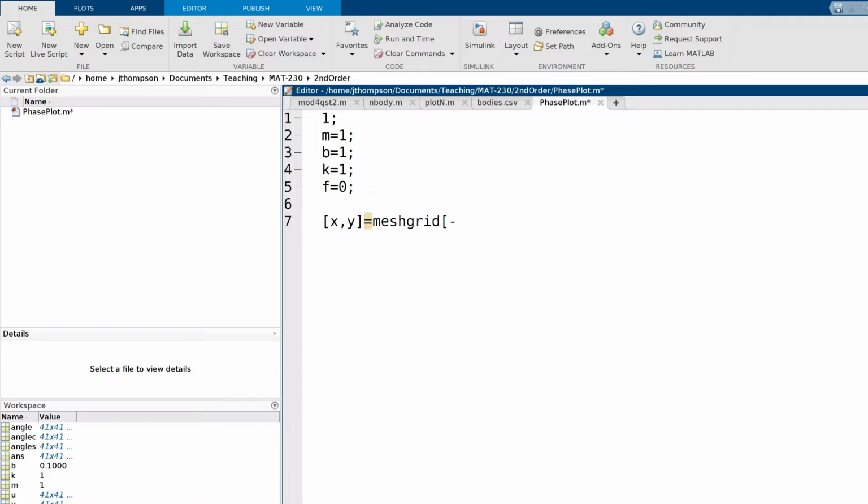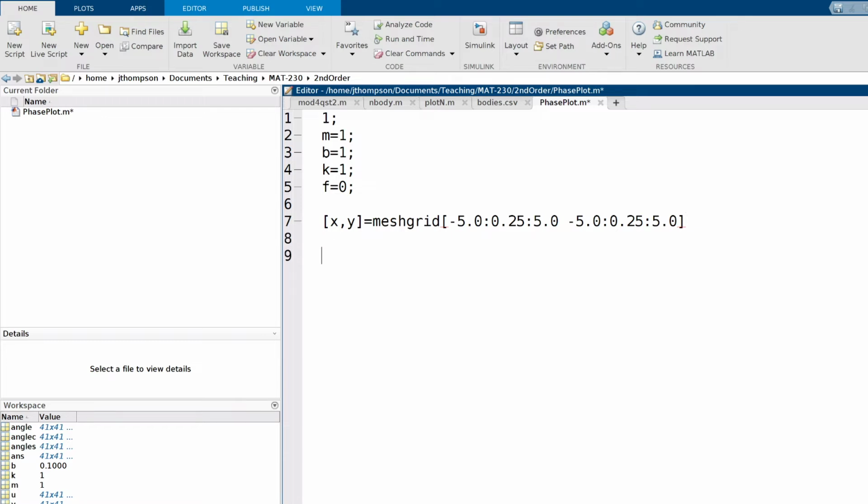I'm going to go from -5 in steps of 0.25 to +5, and from -5, let me keep my decimals in here, in steps of 0.25 to 5.0. So we have a mesh grid that should be able to walk us through.